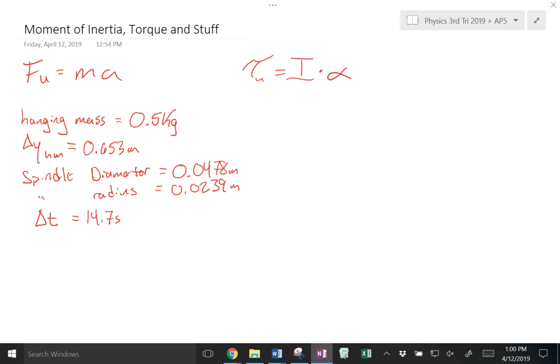The force is applied at the radius of the spindle. Look at this: this is going to make this rotate. Here's the axis. The new equation that we introduced yesterday is that the unbalanced torque equals I times angular acceleration, and it operates just like that.